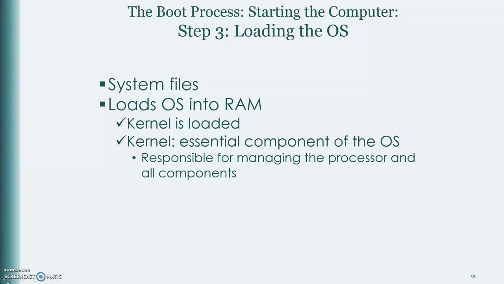And then once those system files are loaded into RAM, something called a kernel is loaded. Note, like a popcorn kernel, not like military colonel. The kernel is an essential component of the OS. It's responsible for managing the processor and all other components of the computer system.